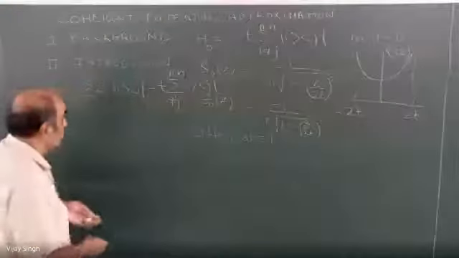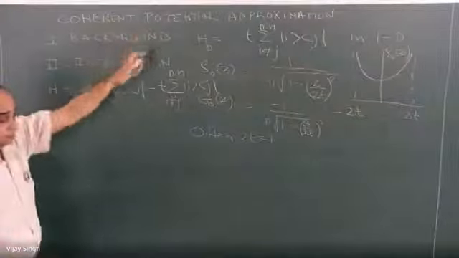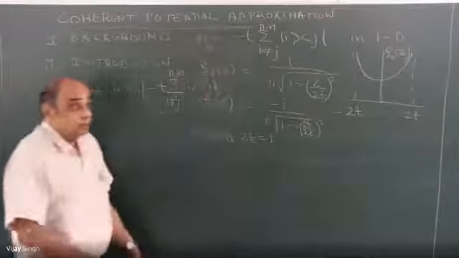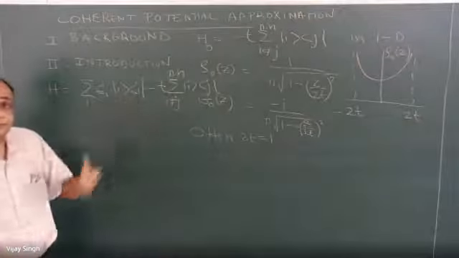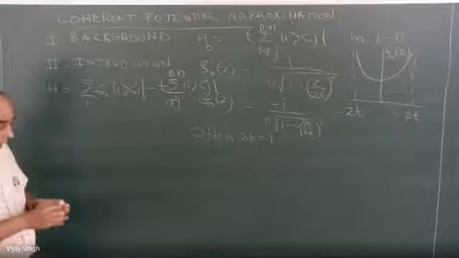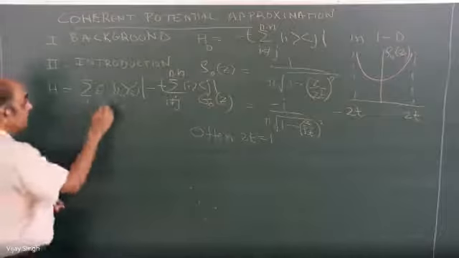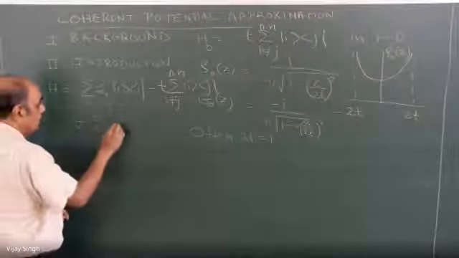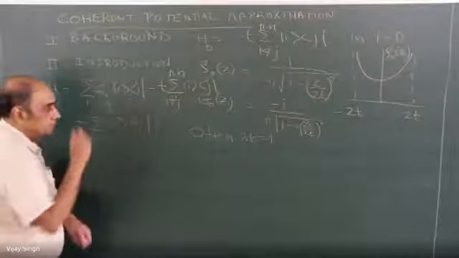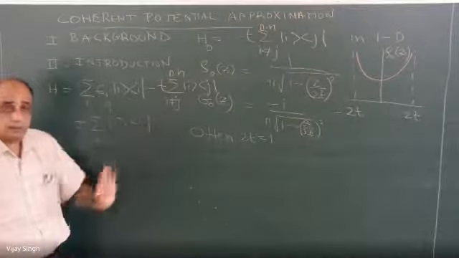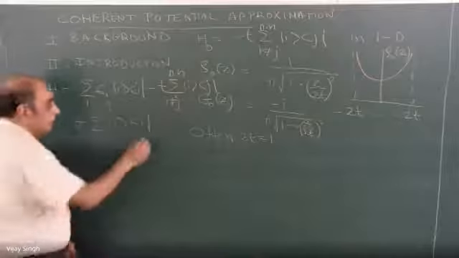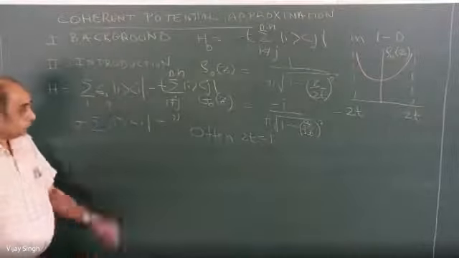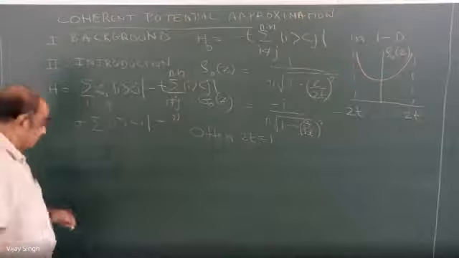So what the CPA, the coherent potential approximation, is about, is to replace this by an effective medium. I can replace it by saying that instead of this, I have a sigma sum over I. The other term is just continuous, minus all this. Is that clear?